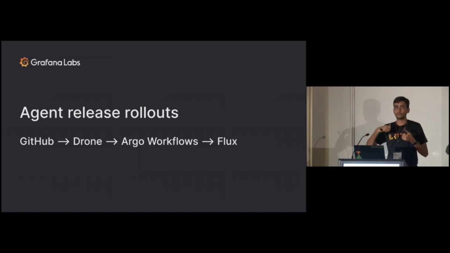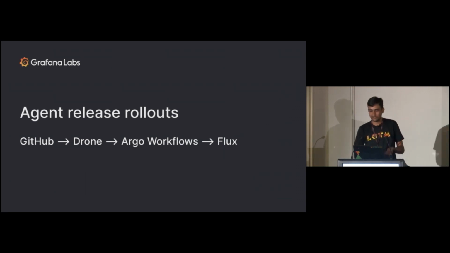If it can't query metrics, or if the metrics are not available, the rollout will stop there, and you can resume from there. But if something goes wrong, it'll just stop there, no more damage. So that's really nice. And again, Flux is used to deploy, to do the final sync.